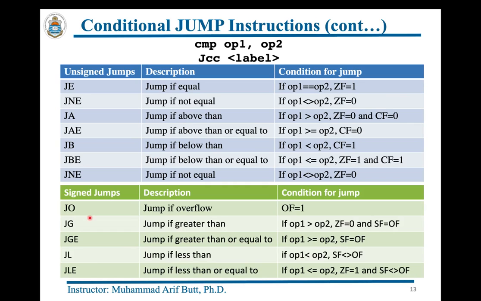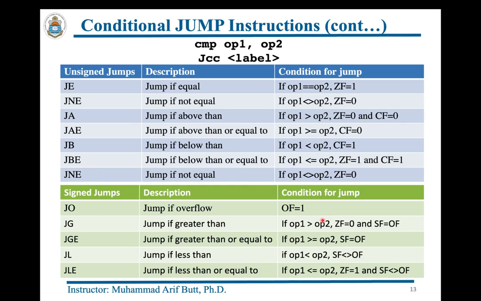Similarly, this table over here gives a brief description of some of the signed conditional jump instructions, which you should use when the operands, this OP1 and OP2 of the compare instruction, are signed. Note that the signed conditional jump instructions make use of the zero flag, overflow flag, and the sign flag.